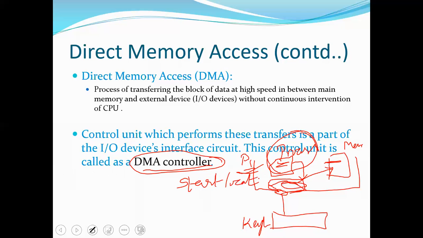The length of data which has to be read from the memory is required. And what type of operation is to be done, whether it is a read or write: should I put this length of data into the memory or read from the memory? All this information must be given by the processor to the device.